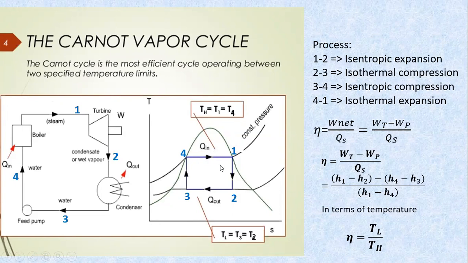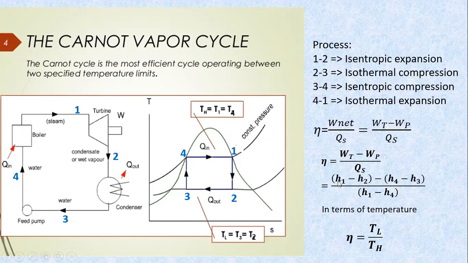The net work is given by the turbine work minus pump work, divided by heat supplied. And the work is specified in terms of enthalpies, where H1 is the enthalpy of the steam entering the turbine, H2 is the enthalpy of the steam leaving the turbine or entering the condenser, H3 is the enthalpy of the steam leaving the condenser or entering the pump, and H4 is the enthalpy of the steam leaving the pump or entering the boiler.